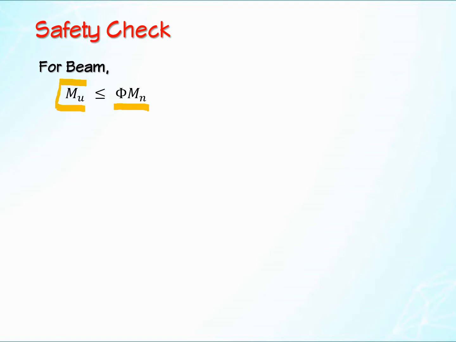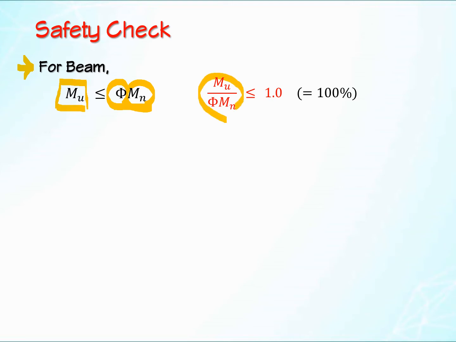The left-hand side is the design bending moment if it's a beam, and load effect must be smaller than resistance. My resistance is the nominal bending strength of the beam times the phi factor. If you move the right-hand side to the left, then you are going to come up with this simple equation.